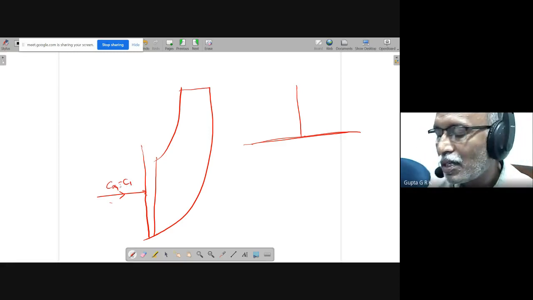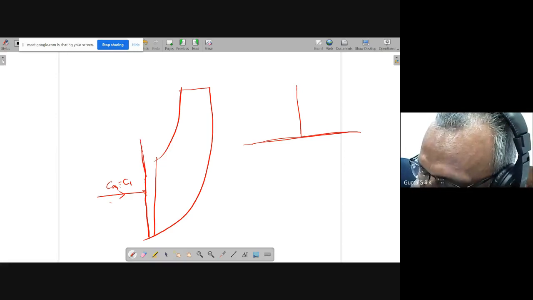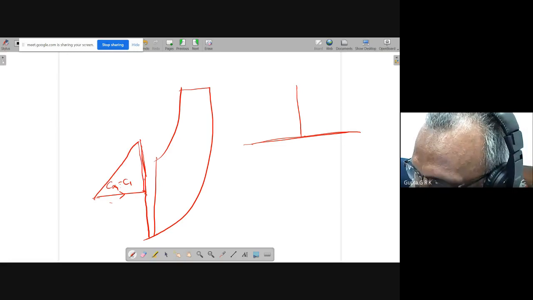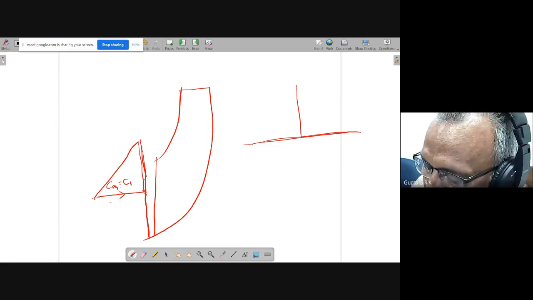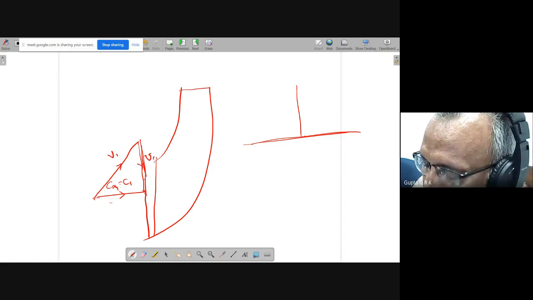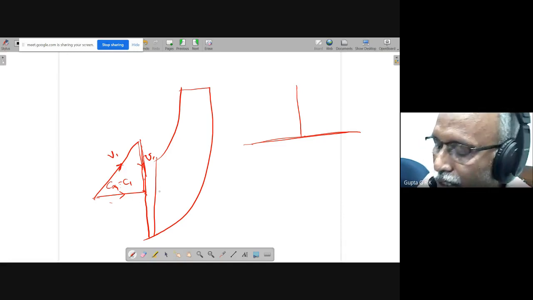There is no tangential component. It enters axially. So V plus U equal to C, I have to get. I can draw either this way or downwards, whichever way. So this is V1 and this is U1, because there is no CT1.